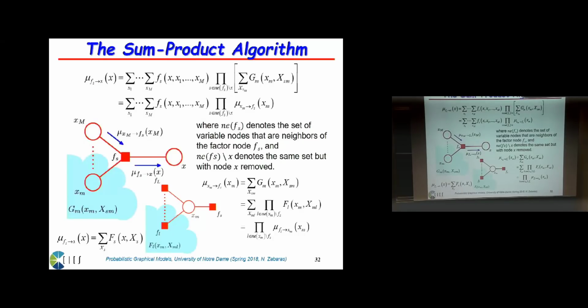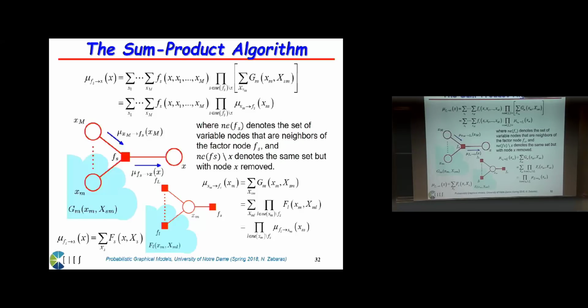Actually, I'm sorry, from a node to a factor, let me go back to this. If you want to find the message from XM to FS, from a node to a factor, do you agree with me? This is the operation we did: on this subtree, we eliminated these variables. This is our definition, three lines there. When we get rid of all the variables but XM, we get the message from XM to the factor FS.